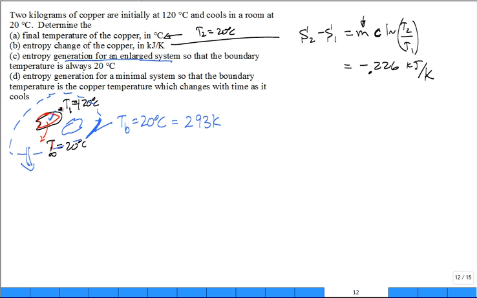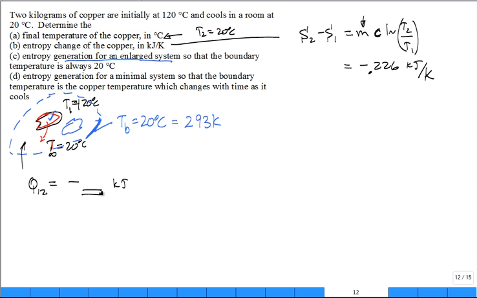So was there heat transfer across the boundary of this system, the large system? Yes, there was a heat transfer across that boundary. Now, it was out, which is a negative in. So the Q during the process is a negative so many kilojoules.